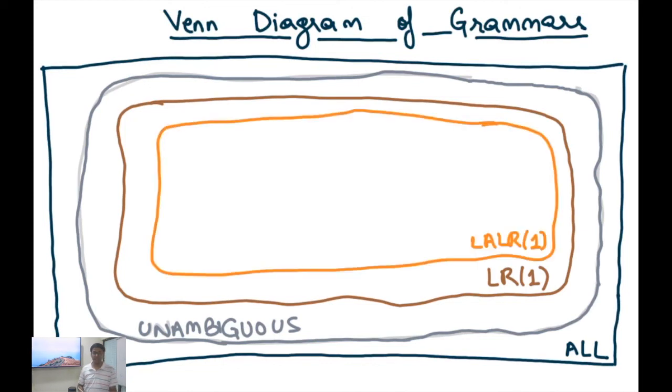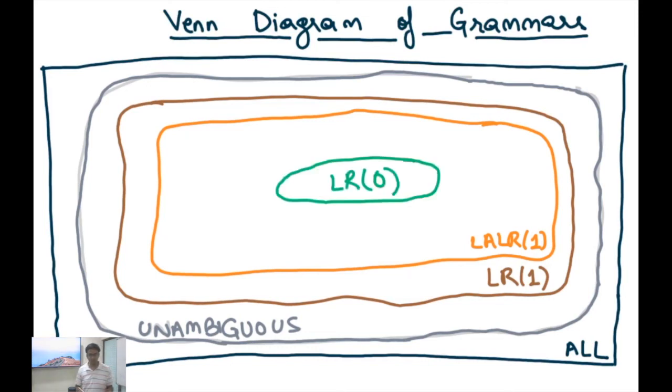A subset of that is LALR. LALR is a simplification over LR1. So LALR1 is also 1 look ahead, but it's a simplification of LR1. We haven't discussed it yet, but we're going to discuss it in the subsequent modules. Further, the LR0 grammar is actually a subset of both LR1 and LALR1. So the green oval here represents the set LR0, and this is expected.